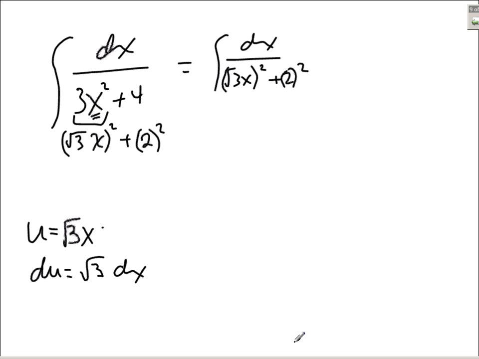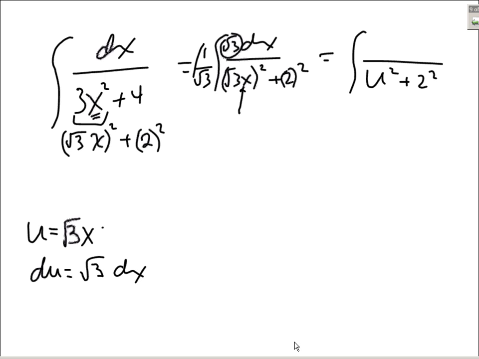Okay. So what we have is, in the bottom, I'm calling what's in the brackets u, so it's u squared plus 2 squared. And in the top, if I sneak in a square root of 3 and justify it by bringing out 1 over square root of 3, the numerator is just going to be du.